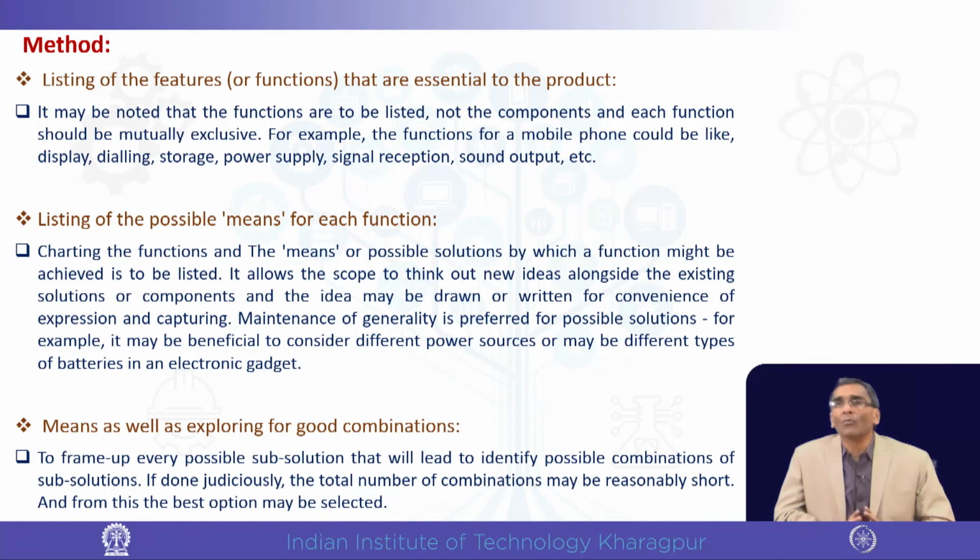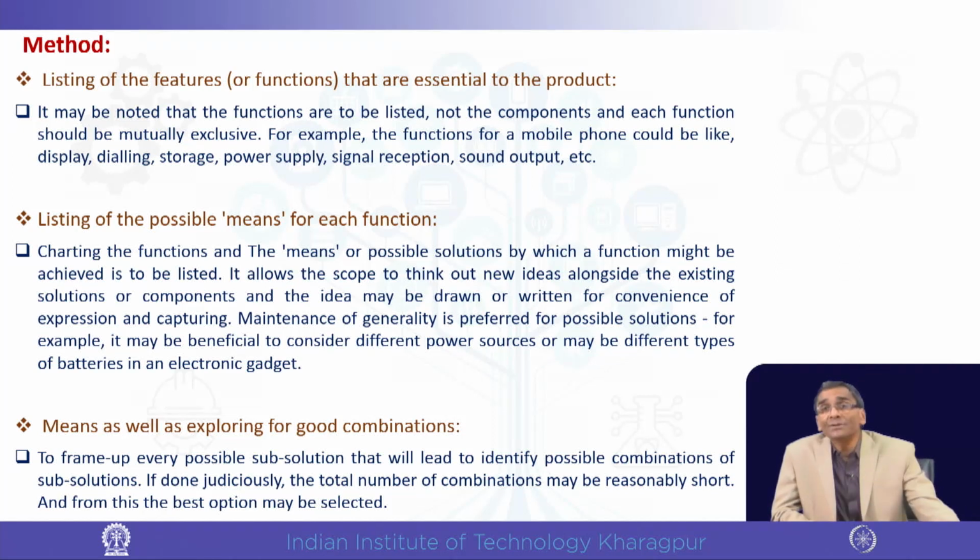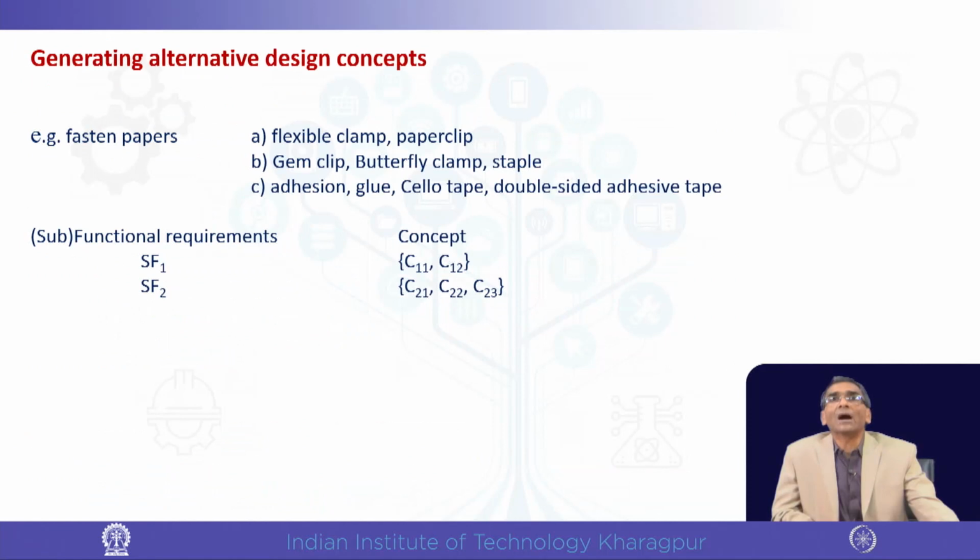So, what have we learned? That basically there would be functions on the rows, there would be means on the columns. So, it will form a matrix, and each cell will give a sub solution. Now, we will combine those sub solutions to get the best design. Now, let us see how it goes.